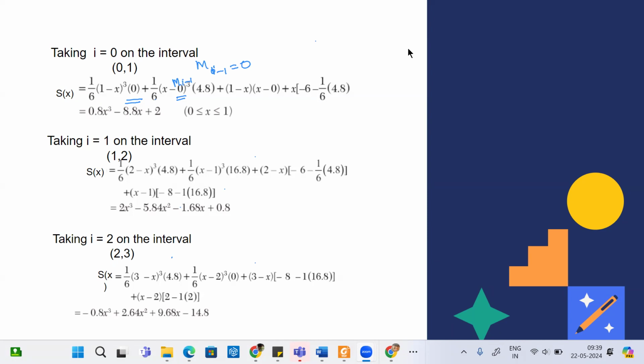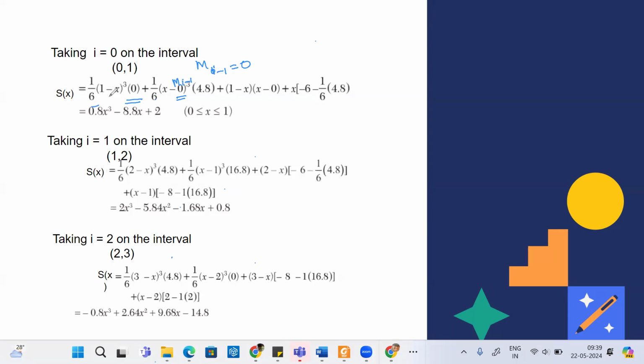As for finding the cubic spline polynomial for the first interval 0, 1, I just put the values. S of x is equal to 1 by 6 into 1 minus x the whole cube. The 6 is already in that equation.